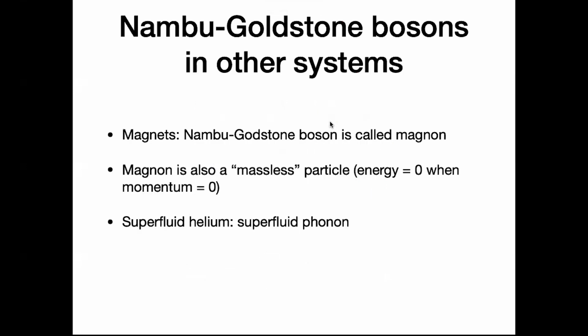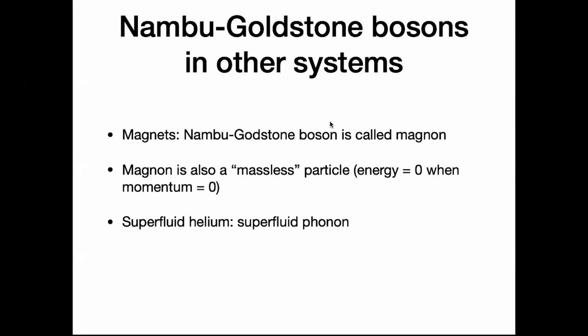So, for example, if we have an isotropic magnet, have its magnetization point in one direction in space, that would break rotational symmetry. The Nambu-Goldstone boson that comes from the breaking of rotational symmetry is called a magnon. Magnon is also a massless particle.